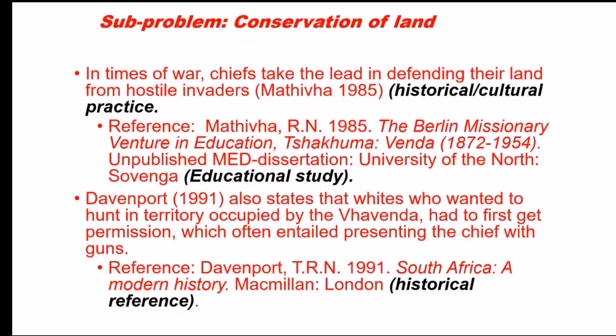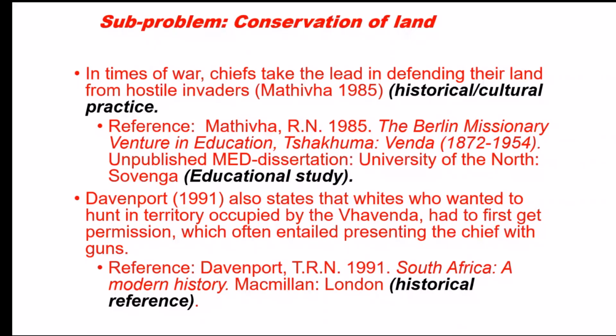It is an unpublished Master of Education dissertation from the University of the North, which is the present University of Limpopo. And there, when I conclude, I indicate that this was an educational study. And remember, mine was a nature conservation study. So here I was just proving to you that what I had in the mind map indeed is supported by what came from the literature review section.